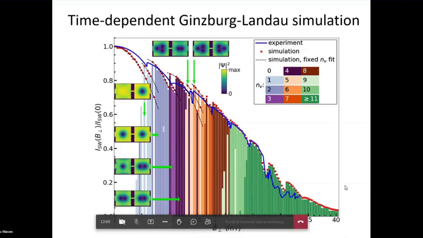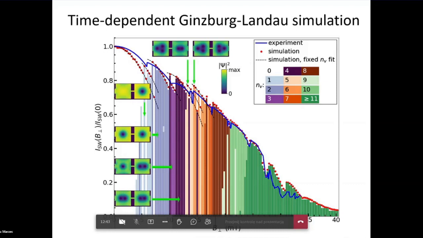And this is because when such a vortex enters here, it reduces the Meissner screening currents in the box, and this in turn enhances the superconducting order parameter in the vicinity of the bridge, and then the critical current is also slightly enhanced. So this is the message that we get from the Ginzburg-Landau simulations, but the physics is richer, so not always do we see the enhancement of the critical current.